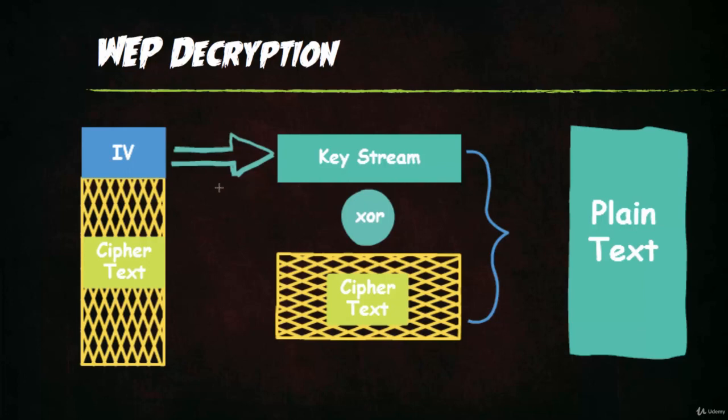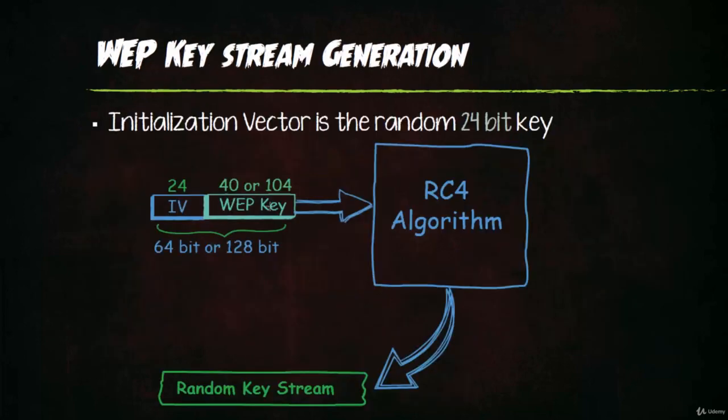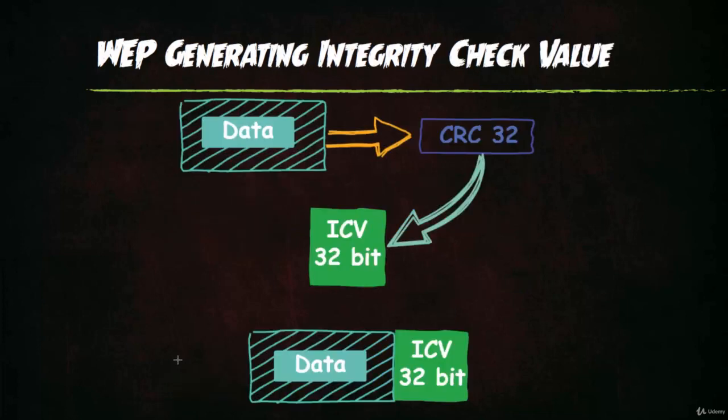So let me revise it again. We have the WEP key, which is a password. We combine it with the initialization vector, which is a random 24-bit key. We pass it to the RC4 algorithm, which generates a random key stream. Then in the next step, we have data, which is in plain text. We perform a CRC operation on it to maintain the integrity of the data.